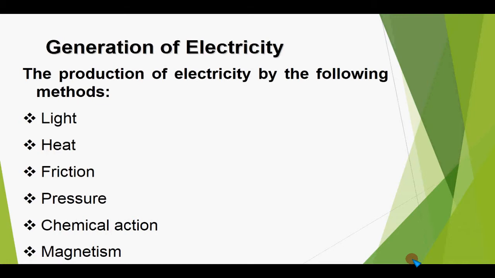Here we'll discuss the light as a source of electricity, then the heat, how we can produce electricity by using heat, and then the frictional force to produce electricity, then the process of producing electricity through pressure, and then the chemical process, and in the last the magnetism, that is the very important process.